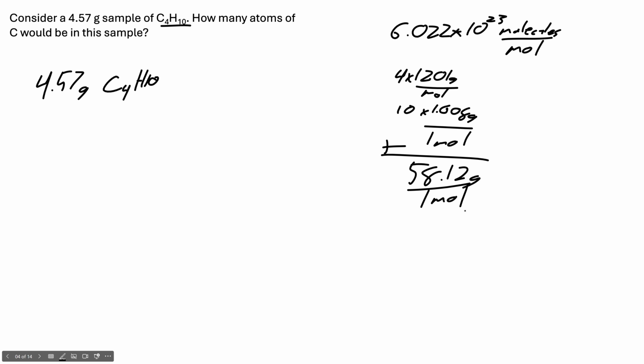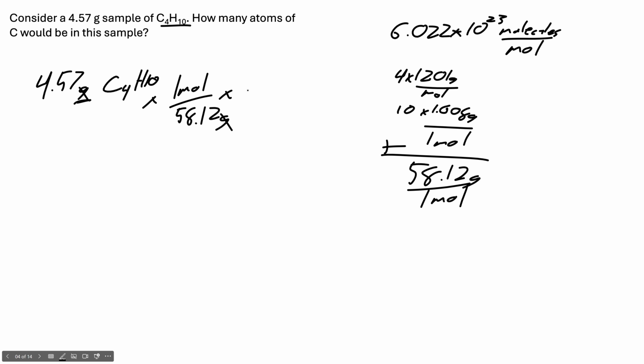So now I'm going to set up my dimensional analysis question here so that I'm canceling 1 unit every step of the way. This is a really good way to check your work as you're going through. Make sure you're setting these up correctly. In the first step, I need my grams value to cancel, so I'll put the 58.12 grams on the bottom. Grams cancels with grams. Great. Now I have moles of C4H10.